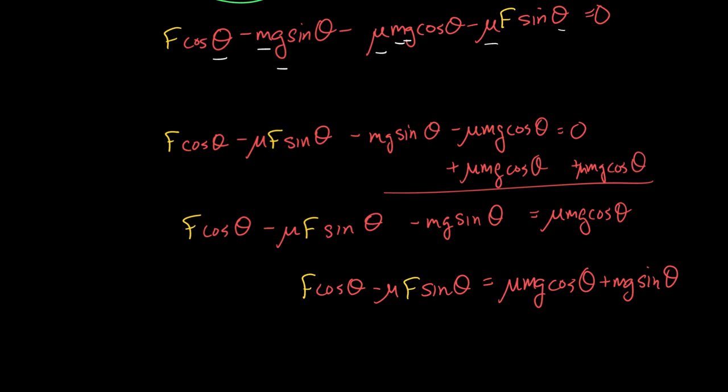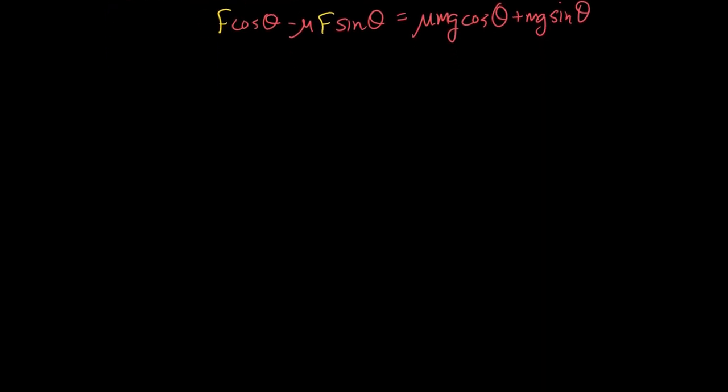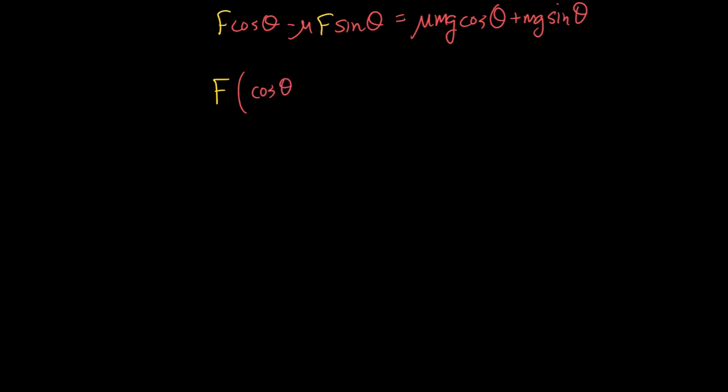All right, we're at the end. We're going over homework. To me, this is not too far out of the question. I could factor out the f now. I have cosine theta minus mu sine theta equals mu mg cos theta plus mg sine theta.